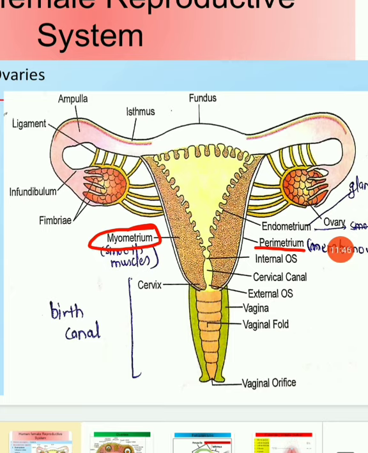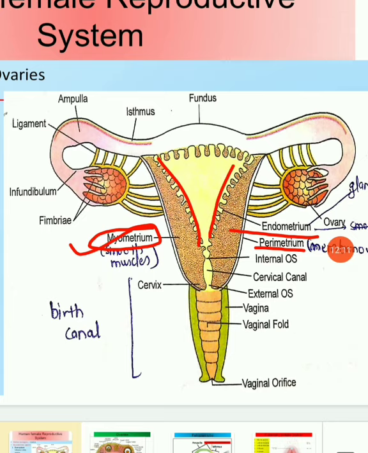Here there is a large amount of smooth muscle. Whatever contraction arises in the uterus is only because of the myometrium. And the innermost layer, which you can see bulging, is called the endometrium. It lines the uterine cavity, and this endometrial layer is glandular. Many glands are present here.